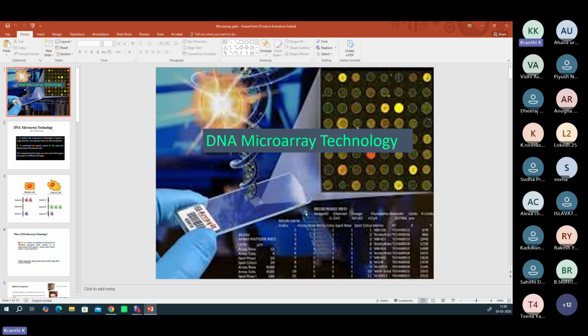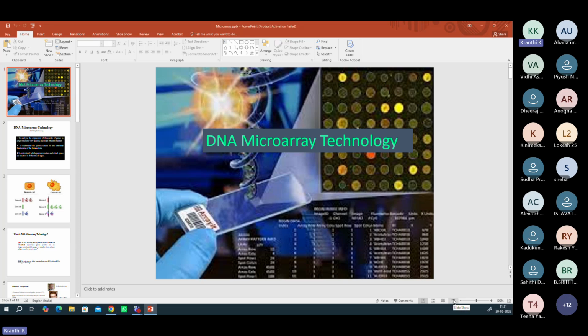Maybe a lot of gene mutations will happen, right? So to find out all the gene mutations at a time, not a single disease, not a single mutation, you want to find all the genetic errors in that particular person, then we use the DNA microarray technique.